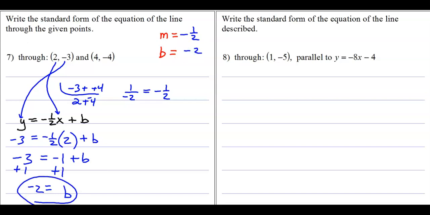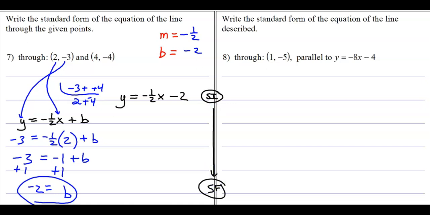So now that I have that, I should be able to write a slope-intercept equation. I should be able to say y equals mx plus b. And now our ultimate goal is we got to get down here into standard form. So we got to clear fractions, move people around. Let's clear some fractions out.